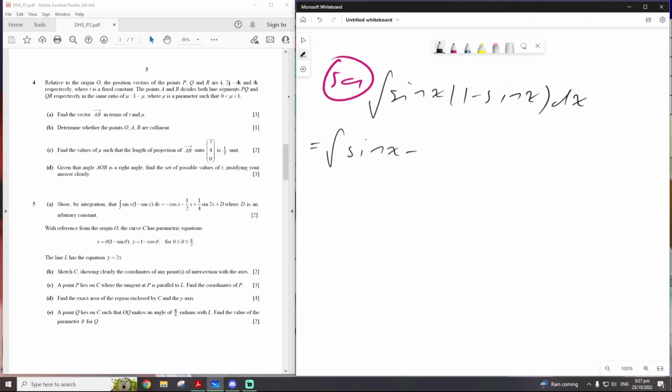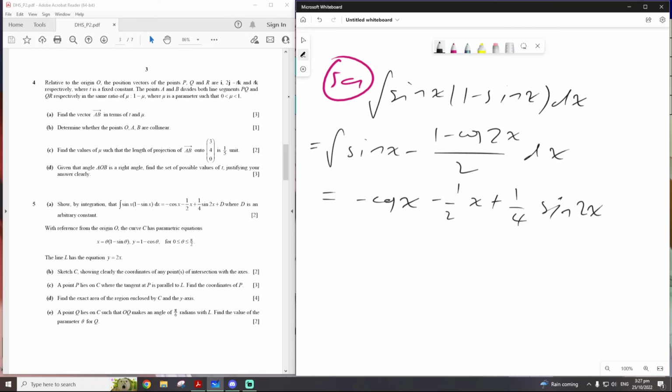Sine square can be expressed as 1 minus cosine 2x divided by 2. And this is negative cosine x. And then you integrate the negative half x plus, now this becomes a plus cosine 2x over 2. So when you integrate, you divide by 2, you get a quarter sine 2x plus d, where d is the arbitrary constant.